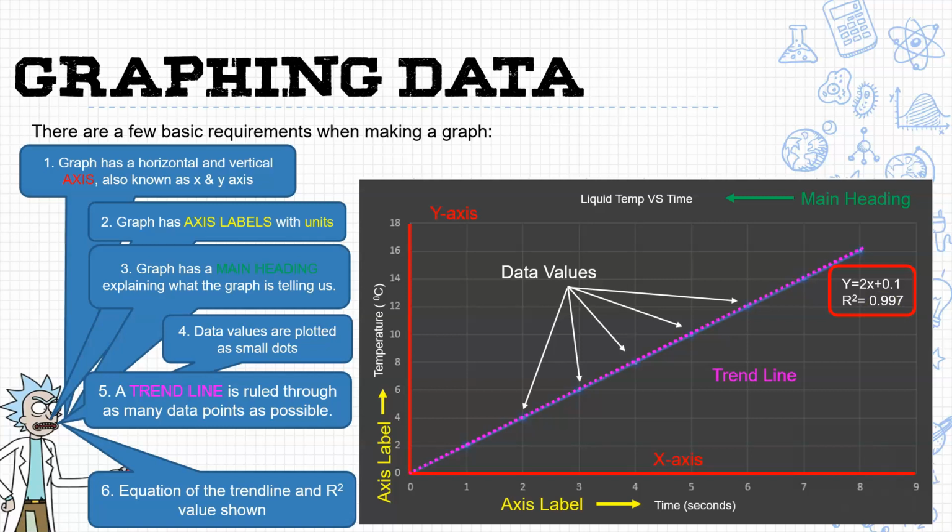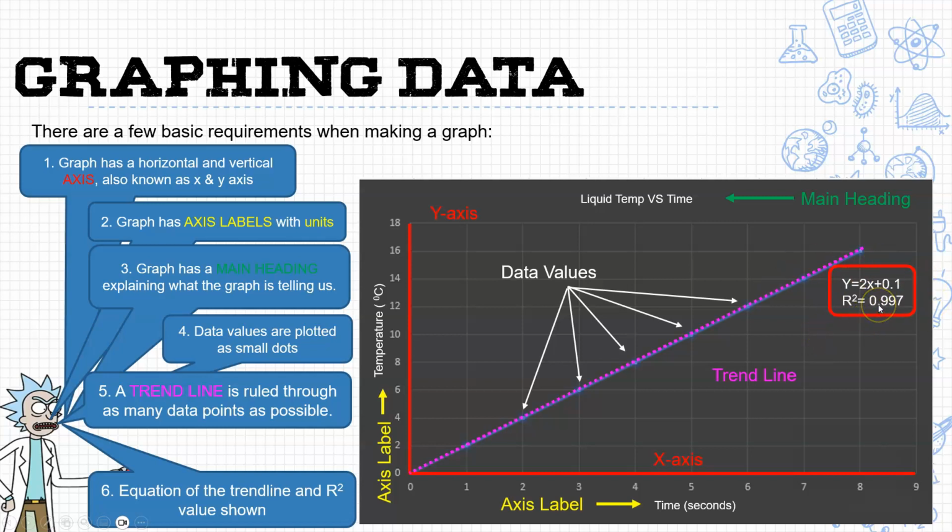The R-squared value tells you how good your trend line fits your data. In this case, anything around a 0.9, 0.99 is really, really good. The idea is 1 is perfect. If you have an R-squared value of 1, every single data point that you measured is exactly on that line. So you've created a perfect straight line in this example.